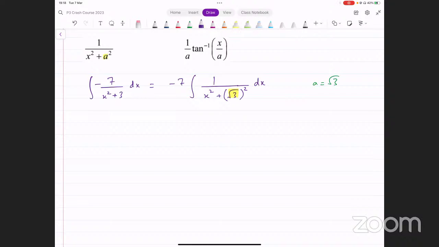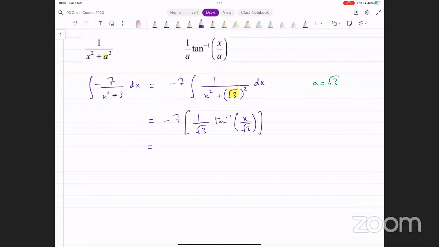Now we can just use this rule and say the integral turns out to be -7 multiplied by 1 over a into tan inverse of x over a. That becomes 1 over square root of 3 into tan inverse of x over square root of 3.